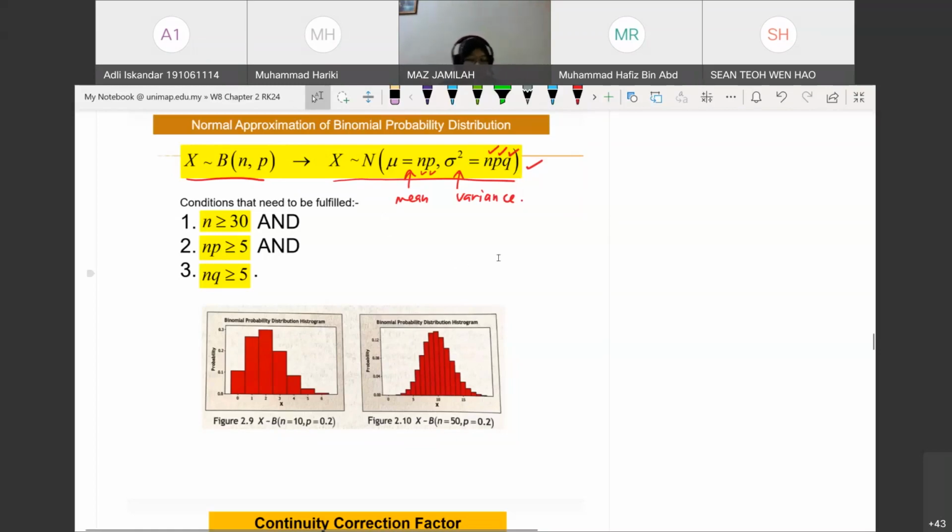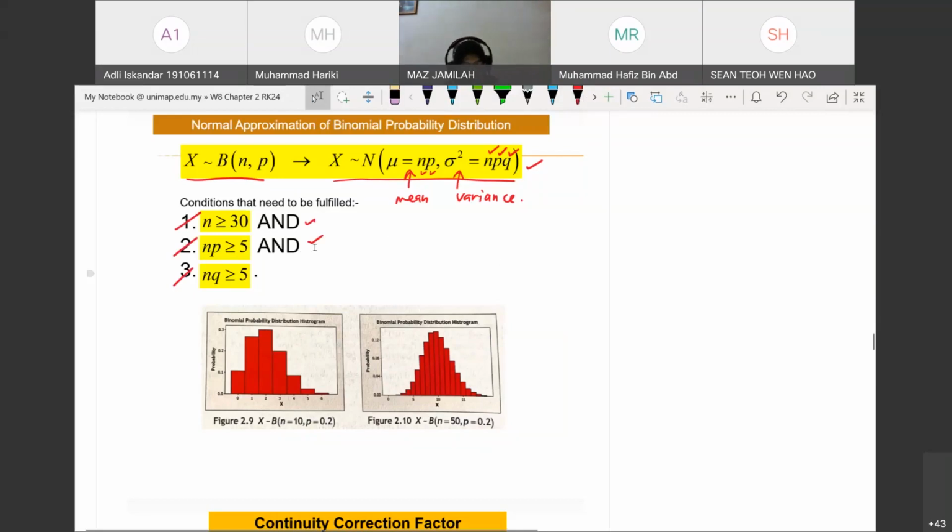But now for the normal approximation, three criteria need to be fulfilled. The first is n must be greater than or equal to 30, at least 30. And then np is greater than 5, and nq is greater than 5. So please take a look at the conditions. Everything needs to be fulfilled.